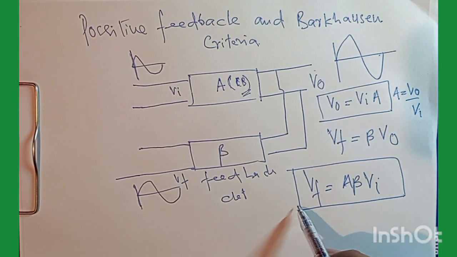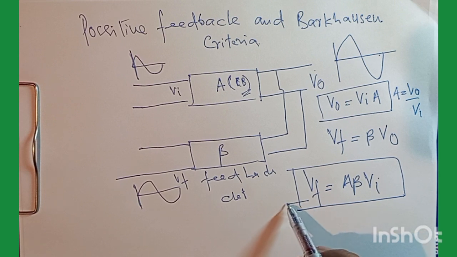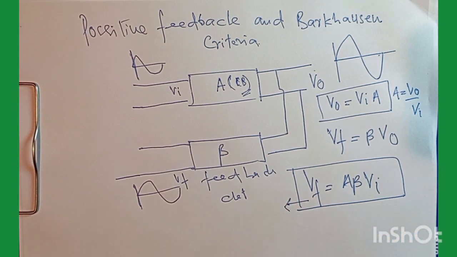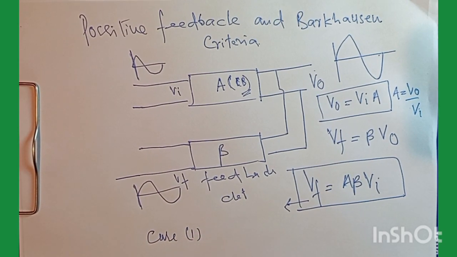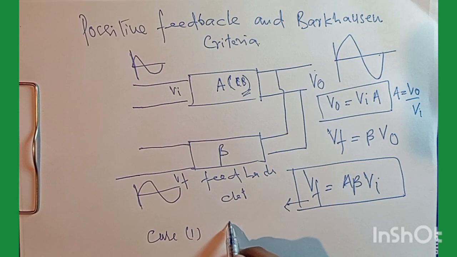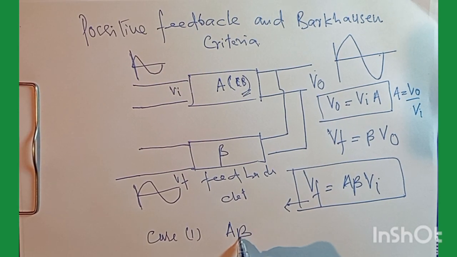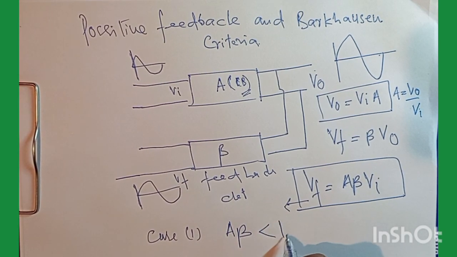So now let us proceed from here. Suppose I take a case here as case one. I design the feedback circuit and the gain of the amplifier in such a way that A beta is less than 1.